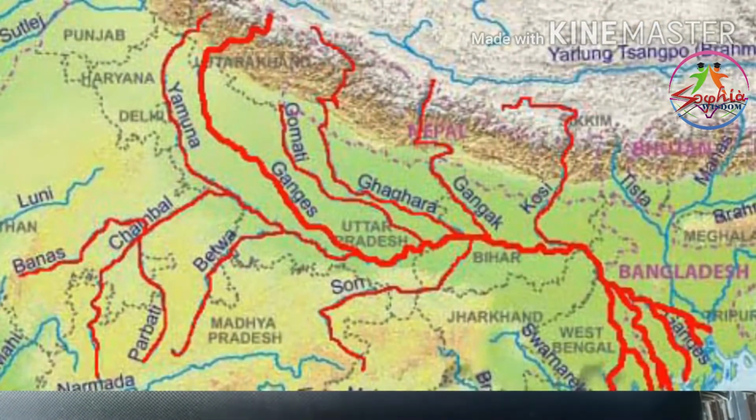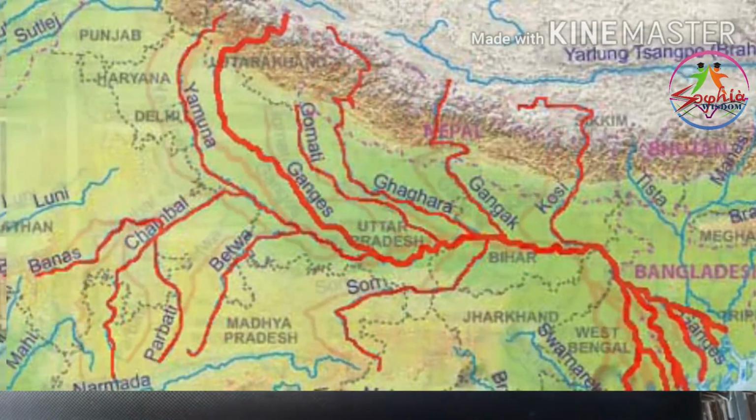Here the rivers Ganga and Yamuna and their tributaries like Sone, Kosi and many more are flowing.